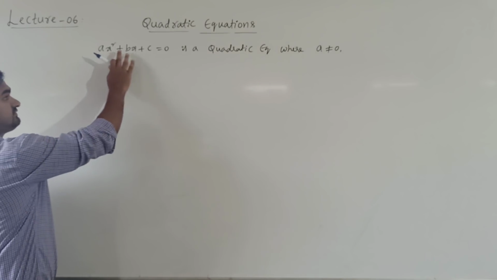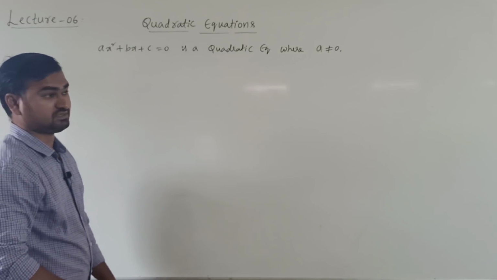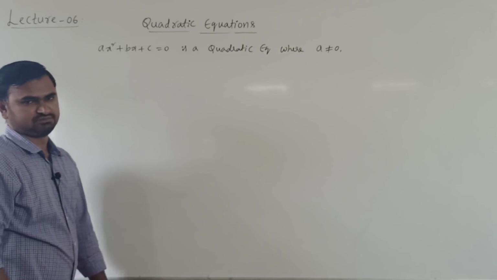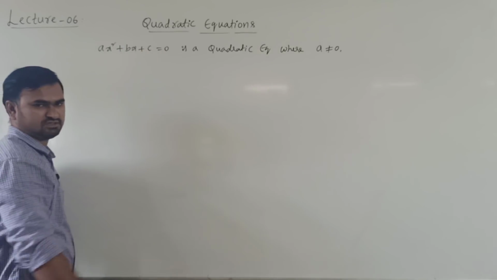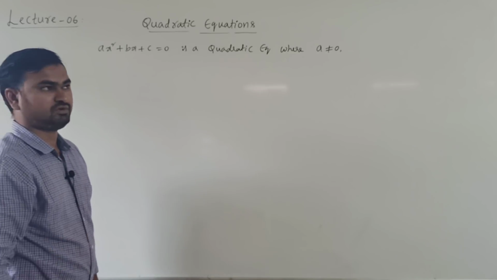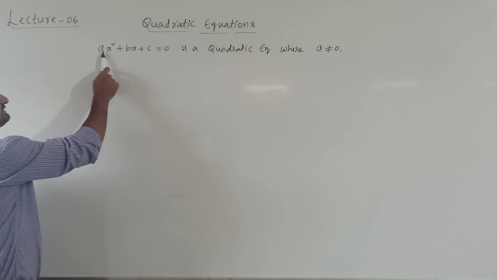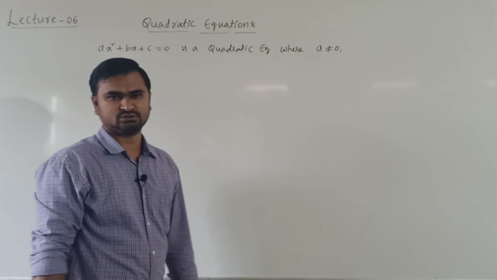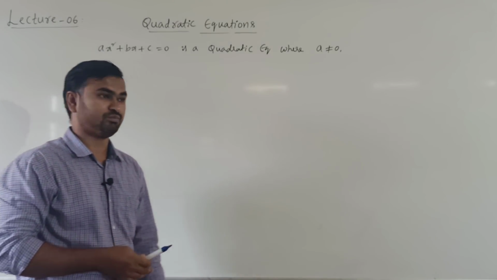So for this equation to represent a quadratic equation, what is the condition? The coefficient of x square should not be 0. Whatever the b and c values are, we don't worry about the lower powers. The only thing we have to consider is the highest power coefficient, which should be non-zero. It may be negative or positive.